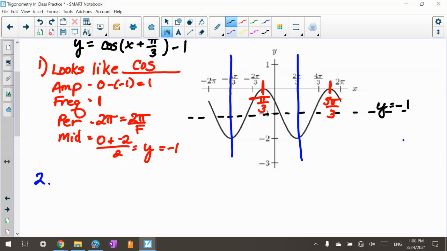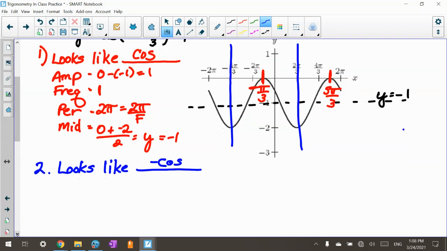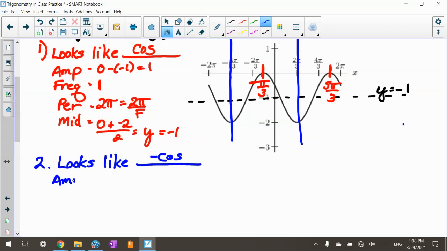So the shift changes what kind of function it looks like. If I did this one right here, it still looks like a cosine function, but in this case, because it's starting low and coming up, it's negative cosine. Then I'm going to do amplitude, frequency, period, and midline.